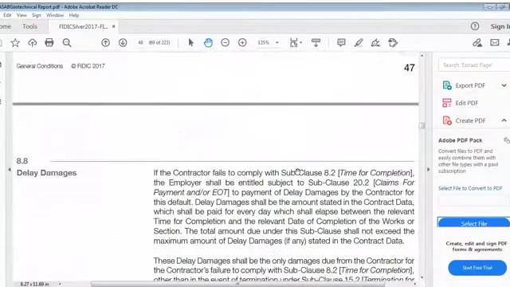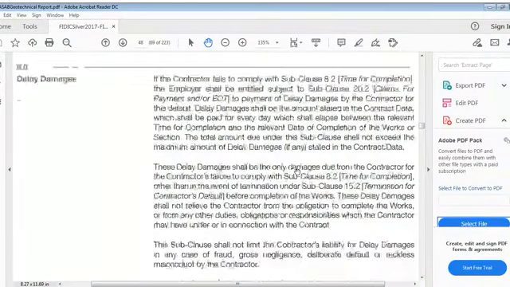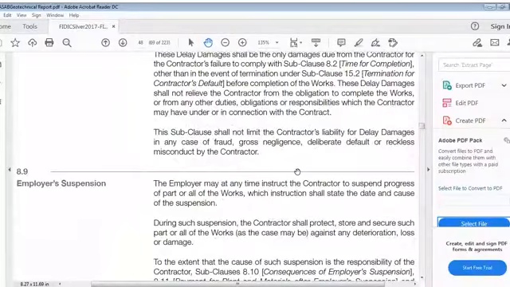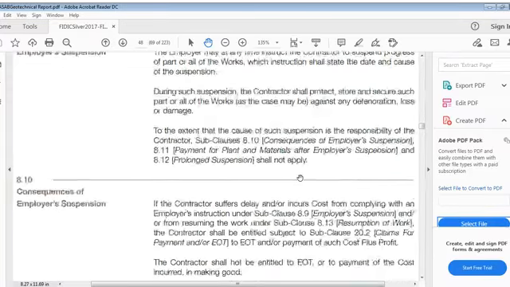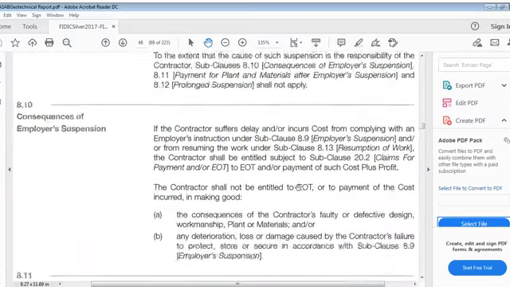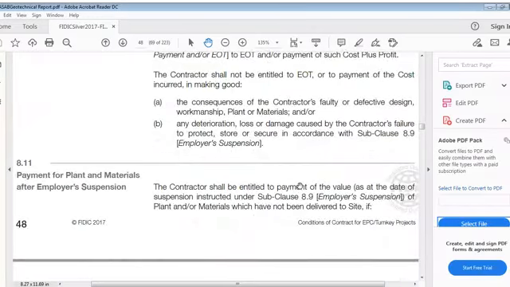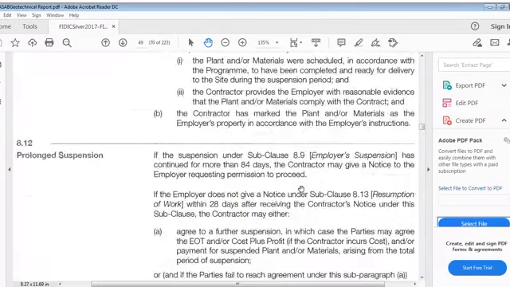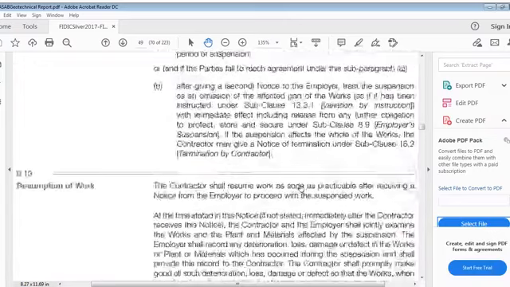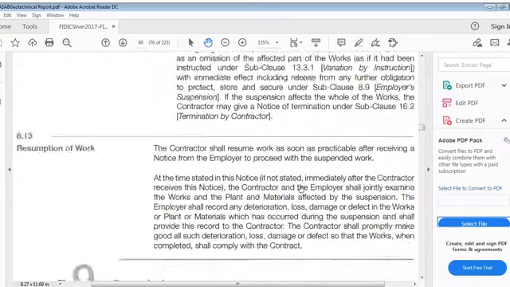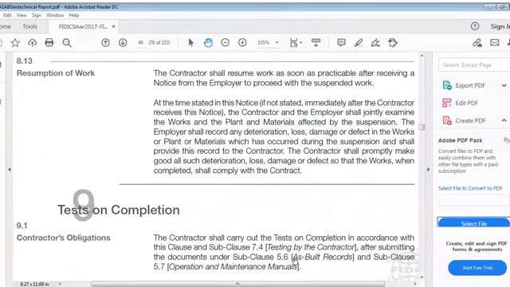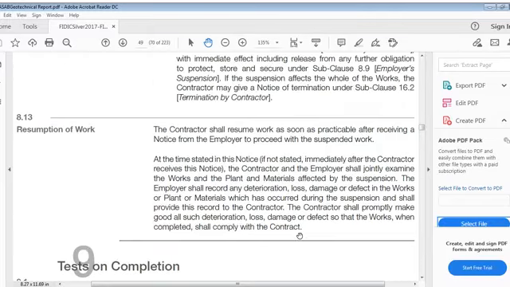then delay damages, and then employer's suspension, and consequences of employer's suspension, payment for plant and materials after employer's suspension, and then prolonged suspension, resumption of works, and then tests and completions, the next chapter.